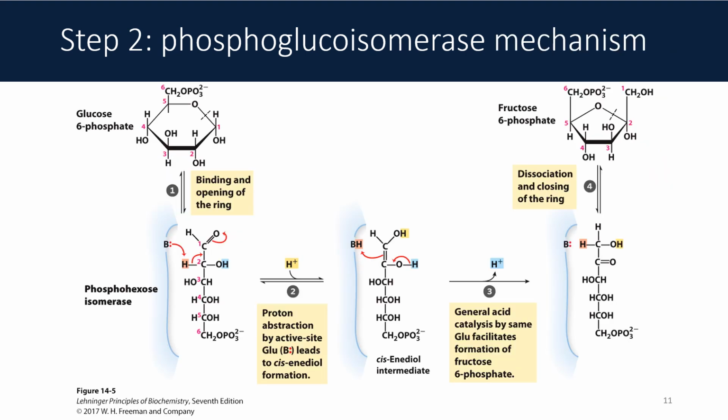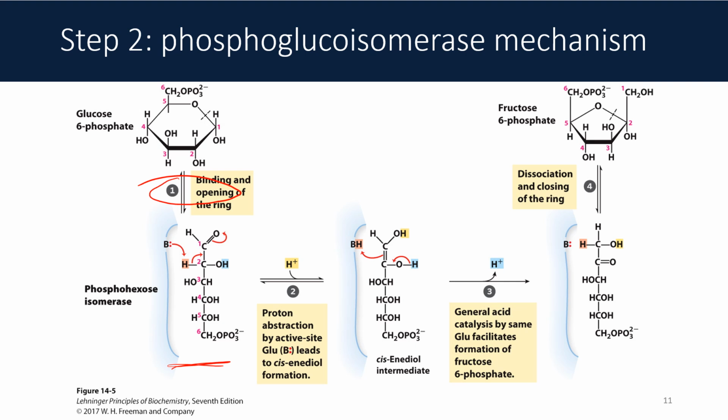Let us now unpack the mechanism for phosphoglucoisomerase. The very first step is to induce a ring opening reaction of the glucose reactant within the active site, thus linearizing it, like so. Once it is linearized, the next thing our enzyme will do is take a basic residue, B, and it will do an elimination.